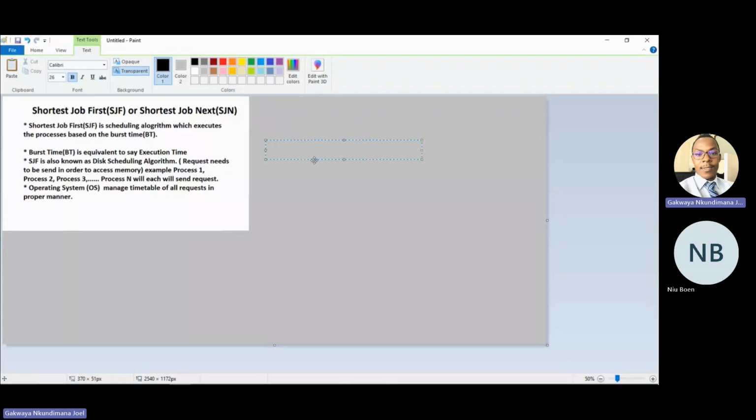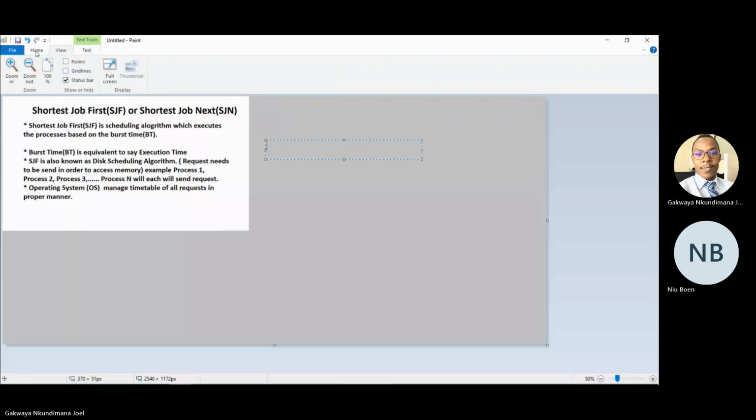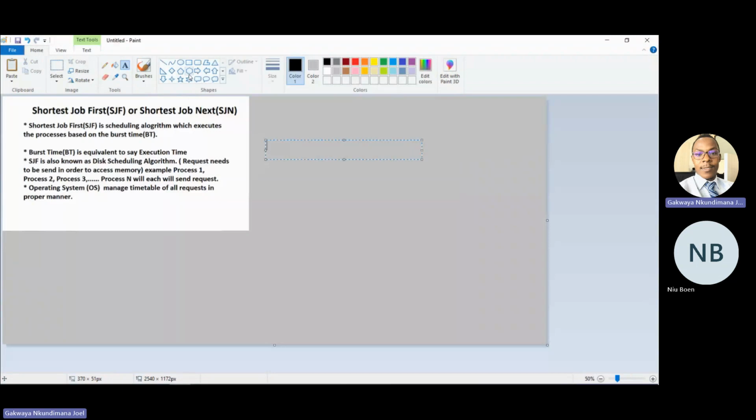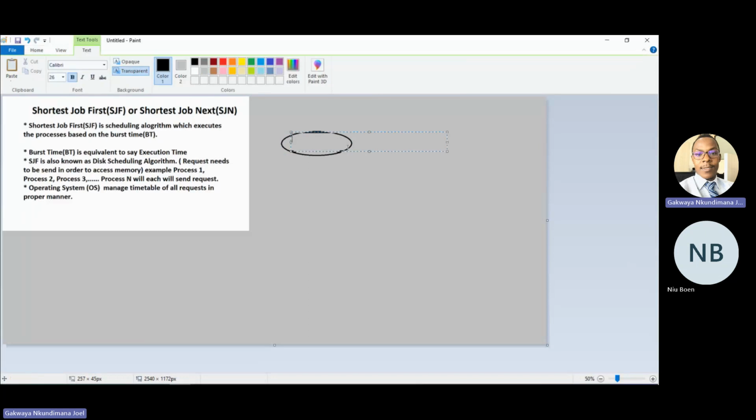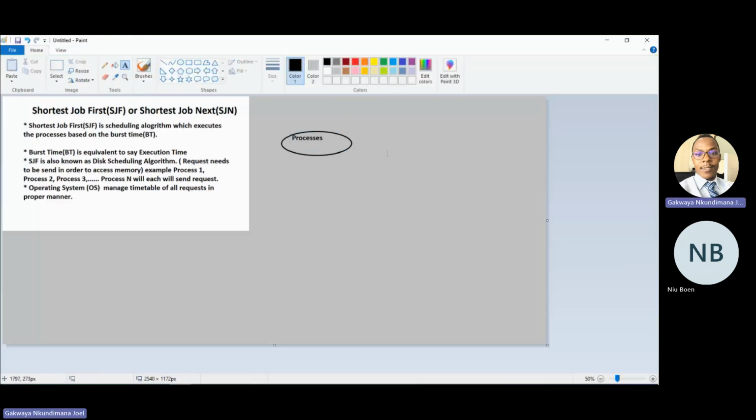Okay, here it will work out. So let me show you one of the examples which we can take. Let's say these are the processes which we may have here.